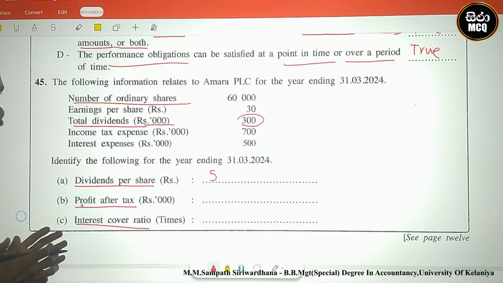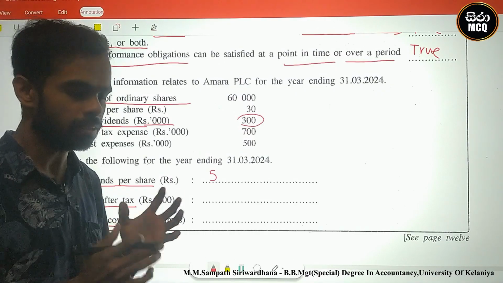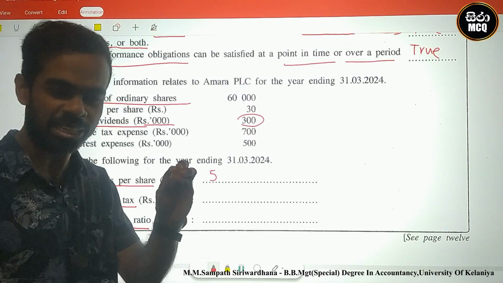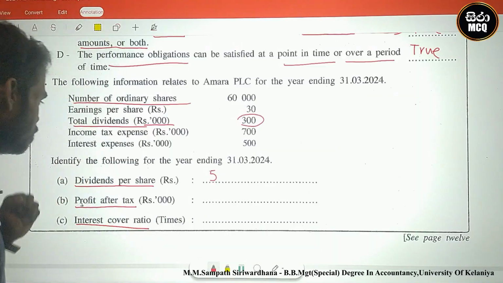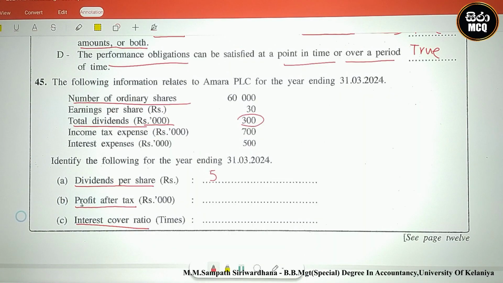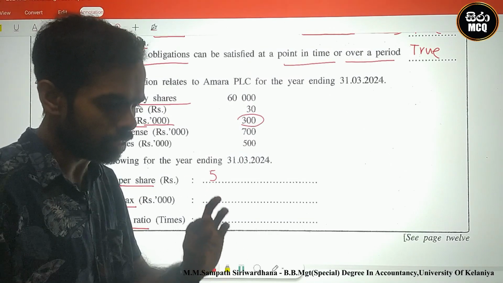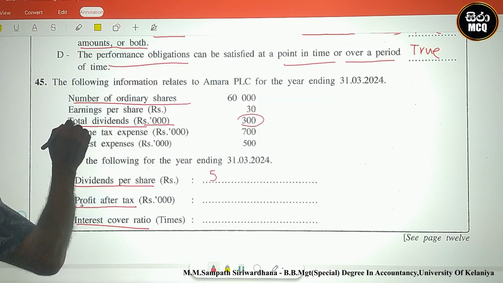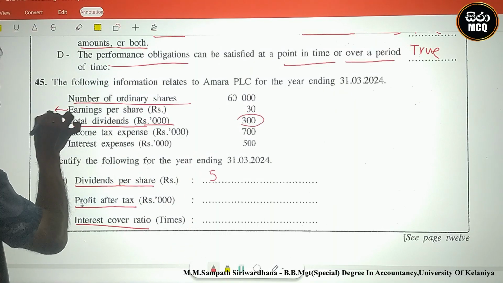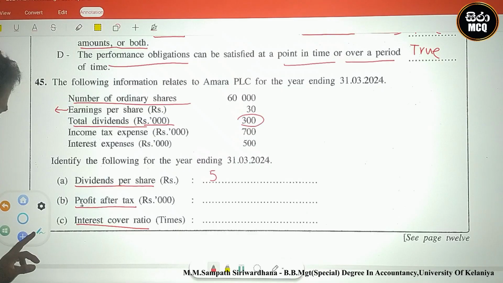There is a profit after tax. We can calculate it in several ways. We can prepare an income statement, but there is no information about the income statement. Profit after tax means profit for the period, which was included in one ratio. Think about the earnings per share. How can we calculate earnings per share?